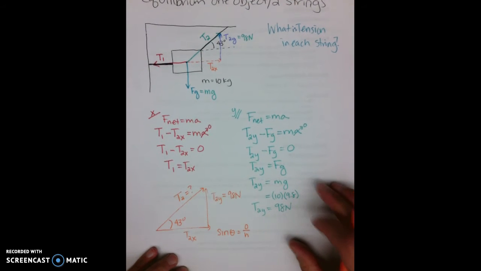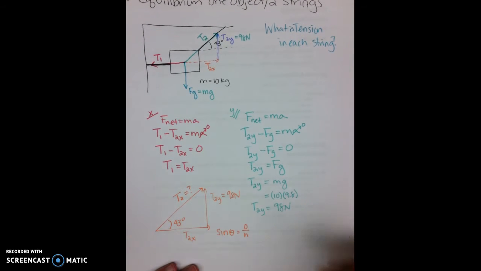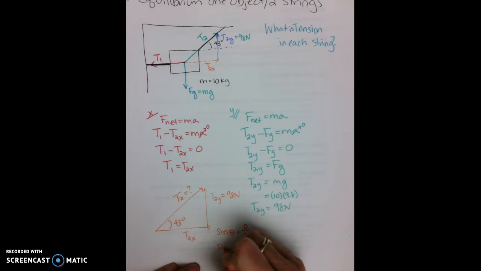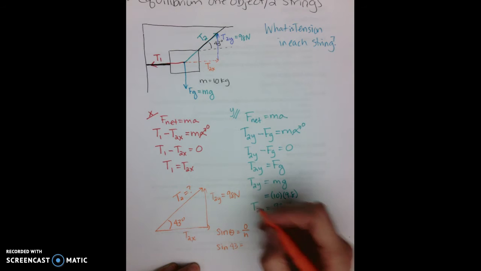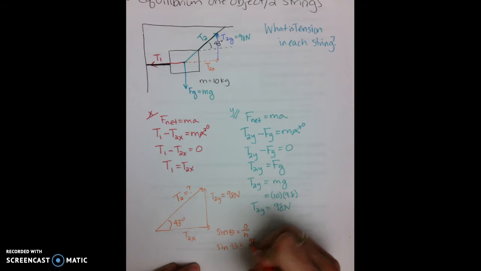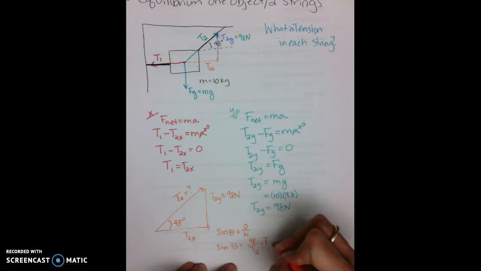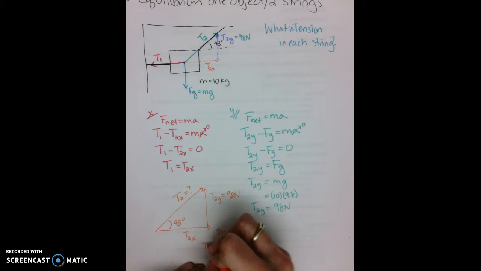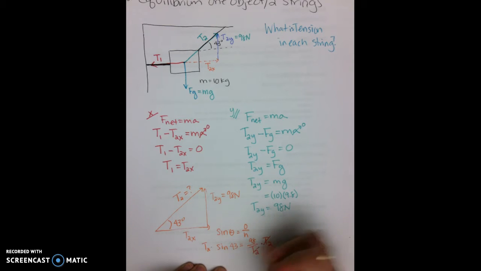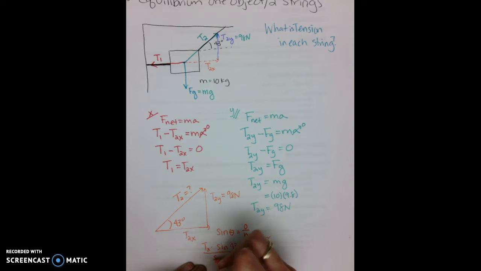So I'm going to use the sine of 43 degrees, and that's going to equal the opposite side, which is 98 newtons, over T2. To get T2 by itself, I have to multiply it out of the denominator, and then divide by the sine of 43.